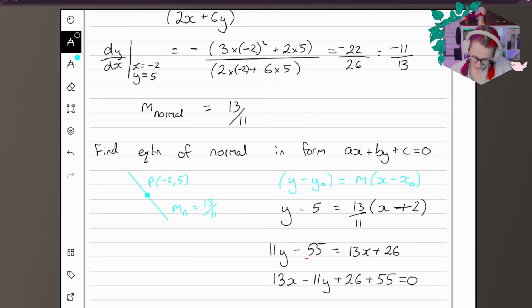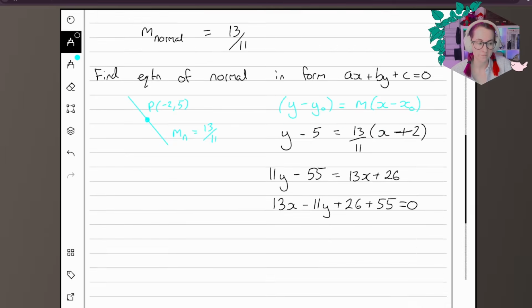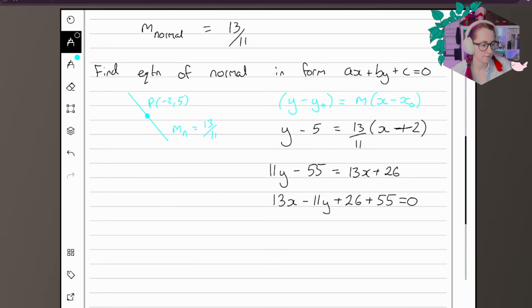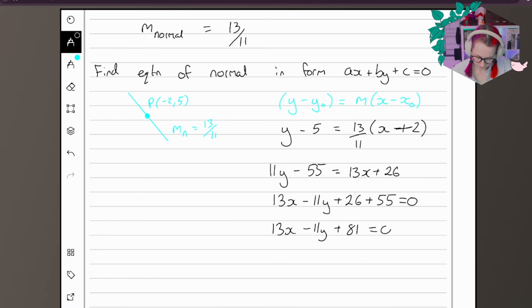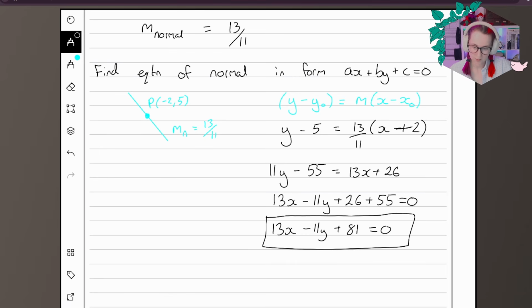That changed sign and that changed sign. So we should be left with 13x minus 11y plus 81 equals 0. So that's our equation of the normal in the form requested.